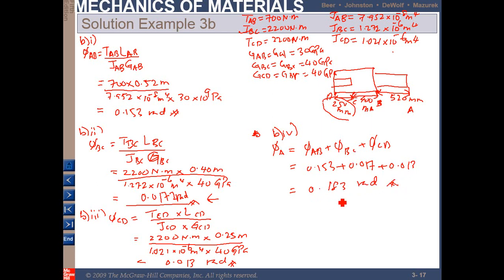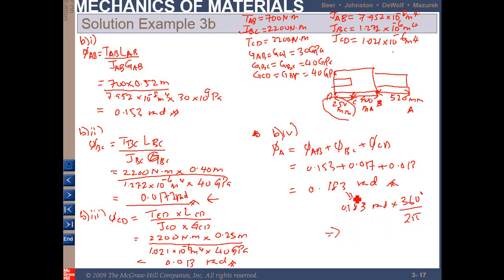Okay, so if you want to change into degrees, you have to change this to degrees. You get 0.183 radians times 360 degrees over 2 pi, because 2 pi radian is equal to 360 degrees.